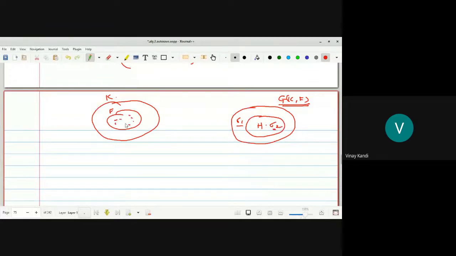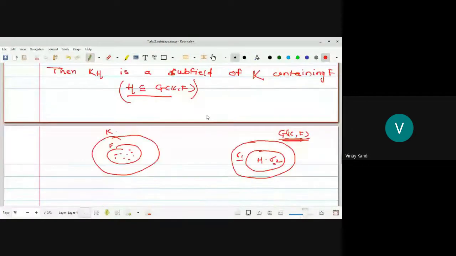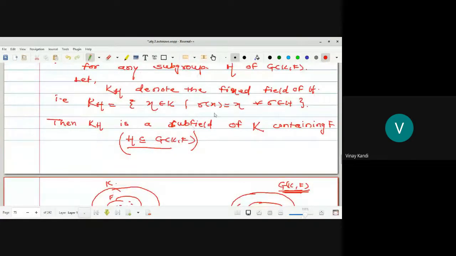Okay, what is H? H is the subset of what? GK. Okay, that means H contains fewer elements than GK, less than or equal to. Now suppose this H contains only sigma 2. Now the condition is reduced; earlier both sigma 1 and sigma 2 had to satisfy this property. Now here H contains only sigma 2.